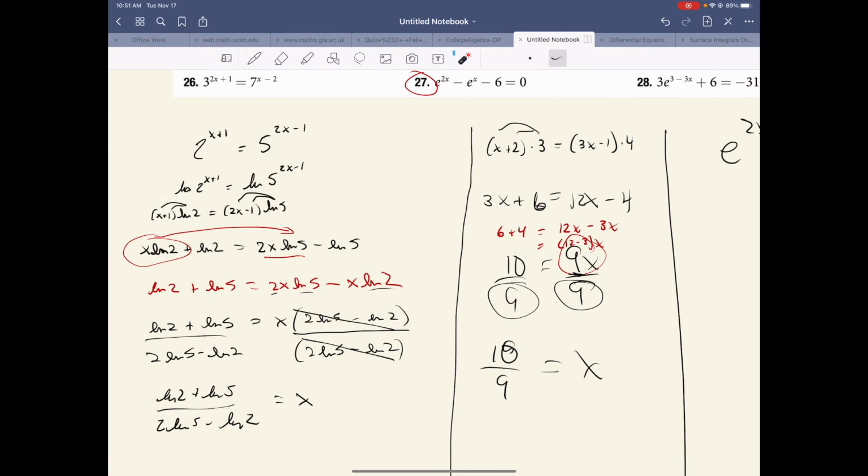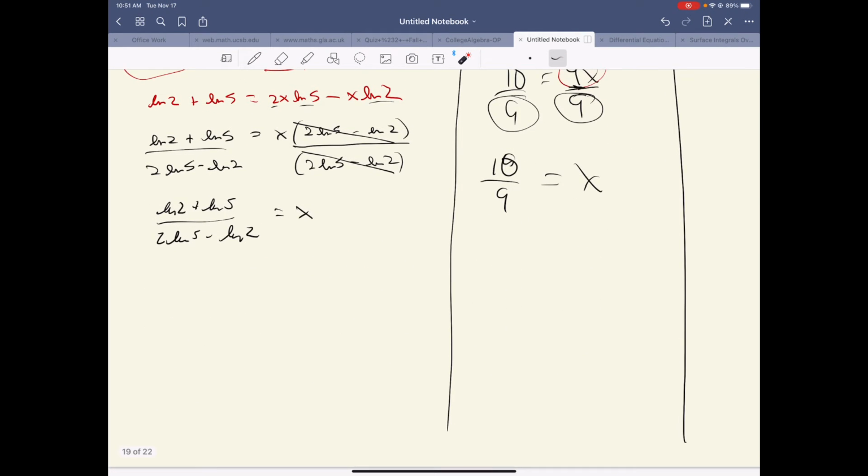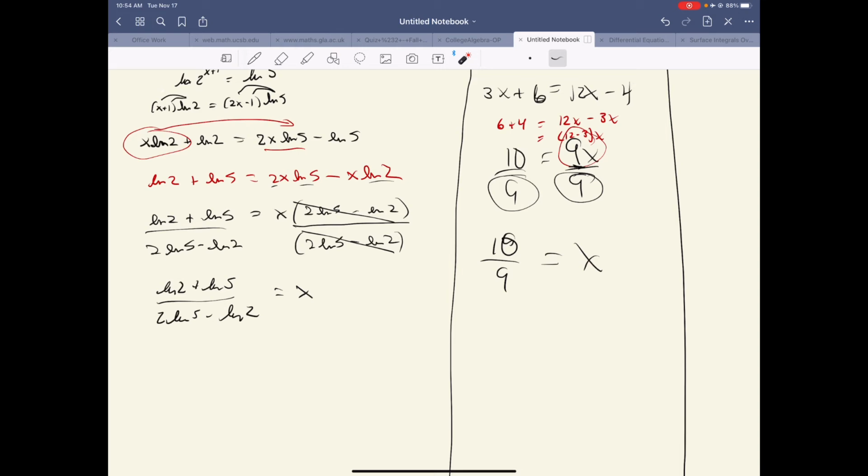So the other thing that I want to show you is this. We have a lot of rules that allow us to do things. I'm going to write them down here because you should be comfortable and accustomed to them. We had a rule that said log base b of m times n is log base b of m plus log base b of n. Sorry about that. I got cut off for a second.